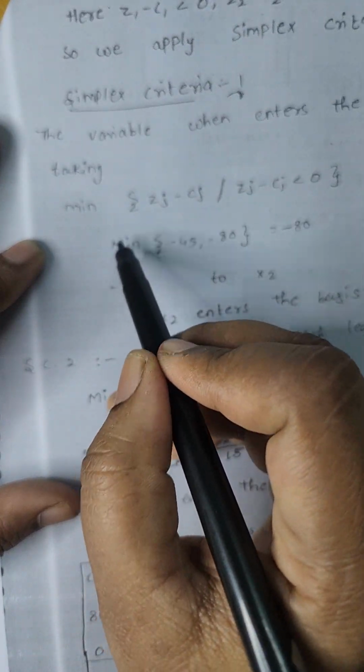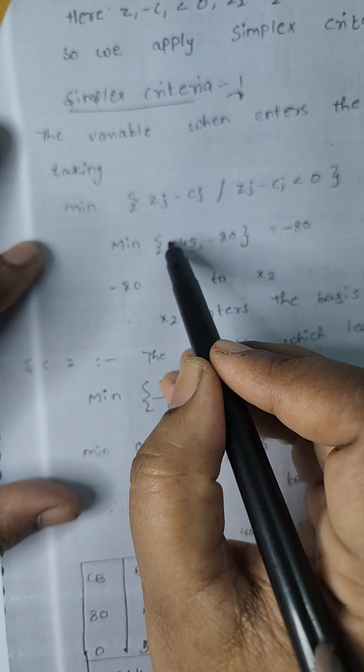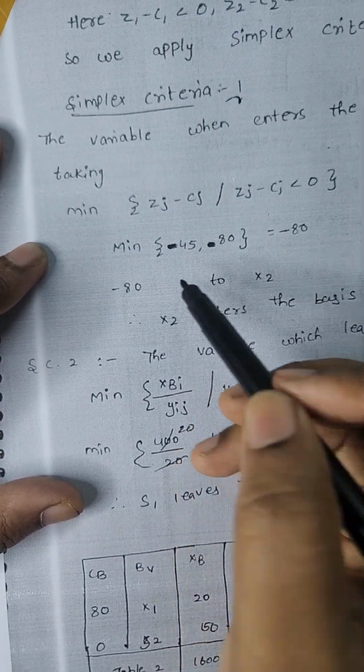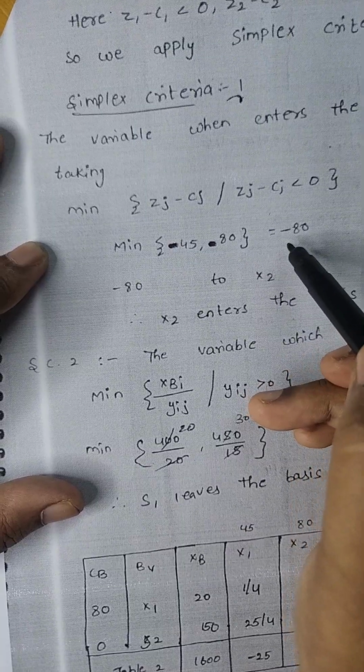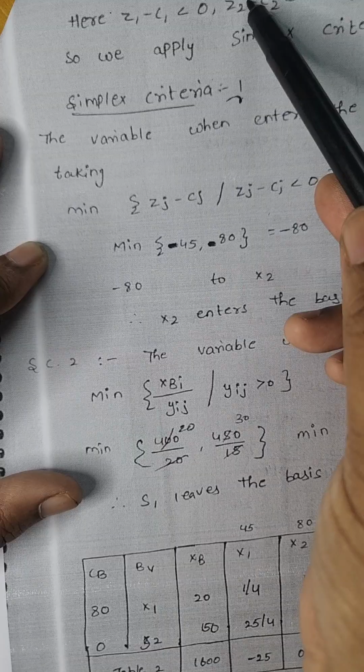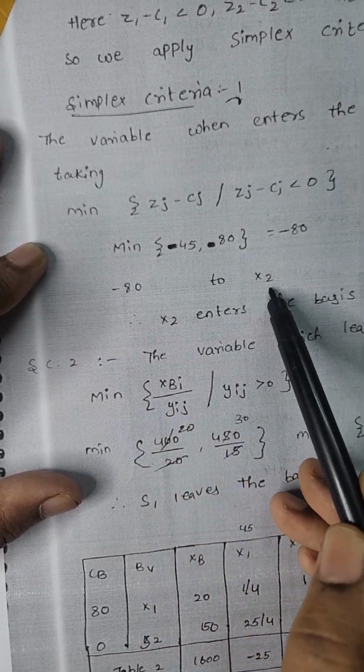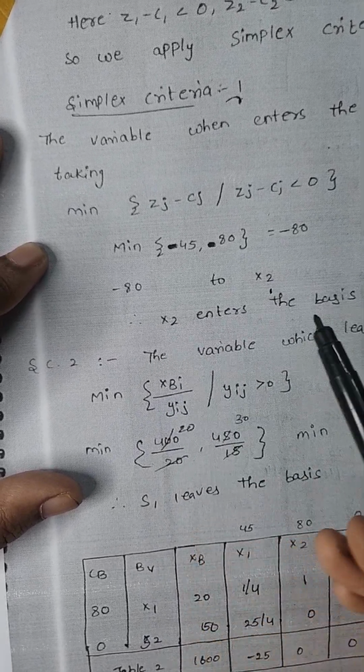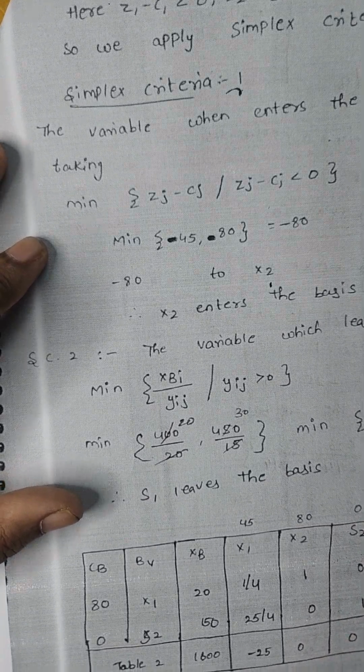Simply take the minimum of the negative values, minus 45 and minus 80. So the minimum value is minus 80. This minus 80 corresponds to Z2 minus C2. So it corresponds to X2. Therefore, X2 enters the basis.